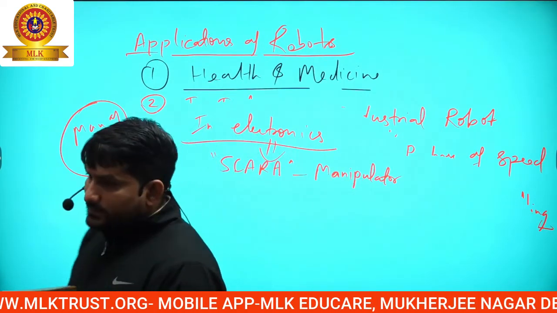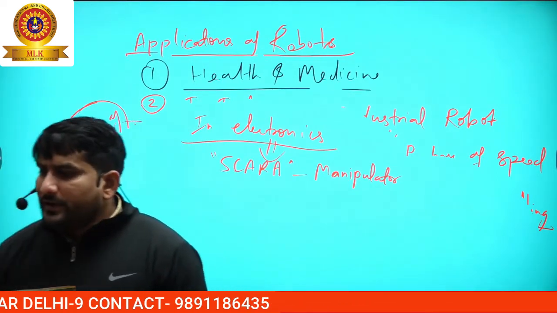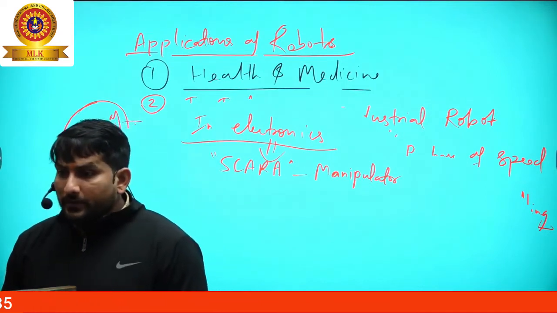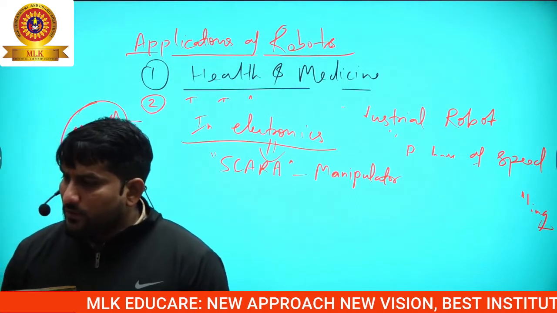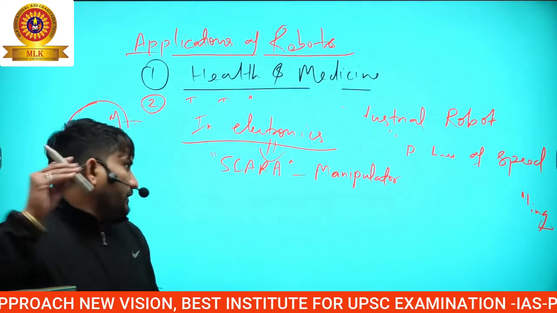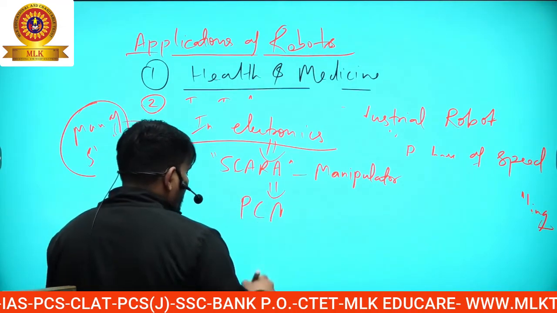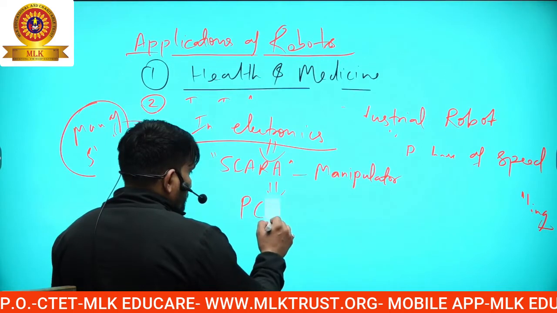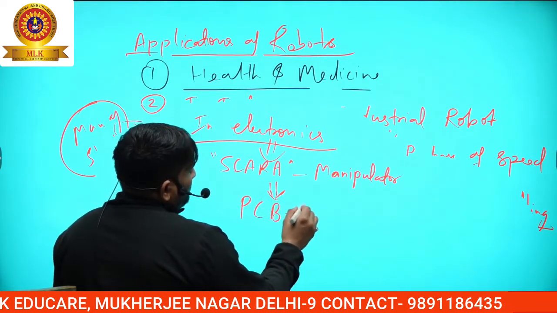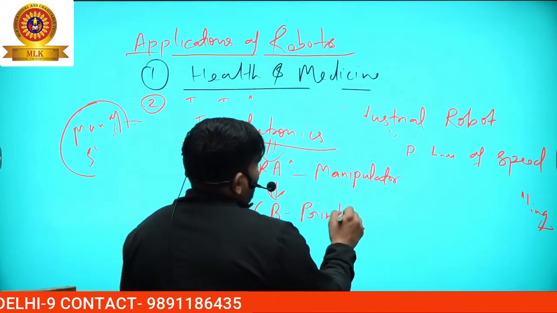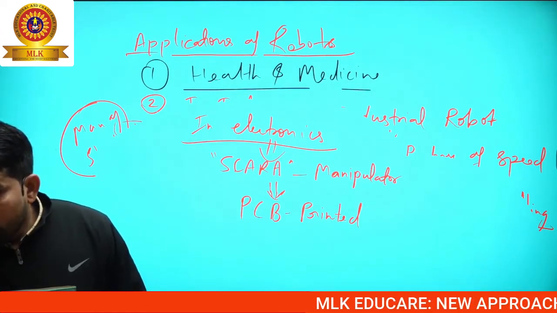Okay, so SCARA manipulators are used for the mass production of printed circuit boards. They help to place tiny electronic components on the PCB. Okay, so these SCARA types of manipulators are used in the development of the PCB. PCB, this is the printed circuit board.